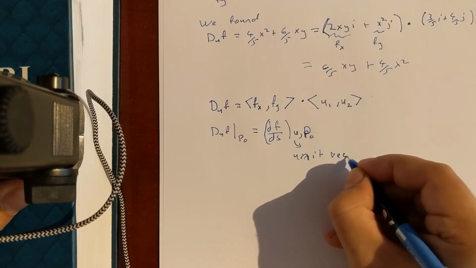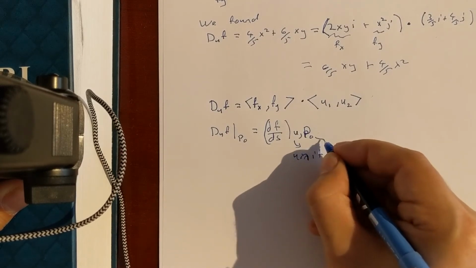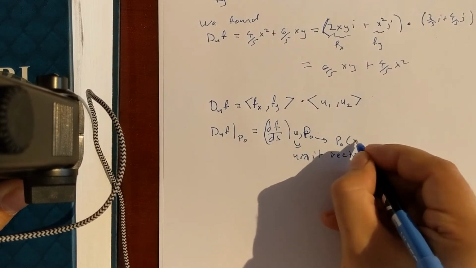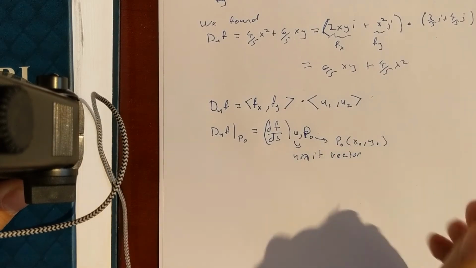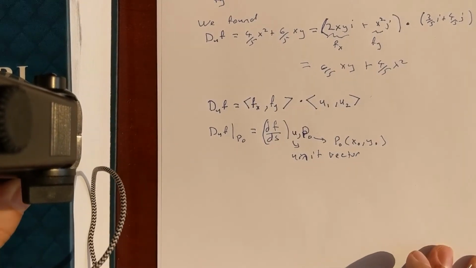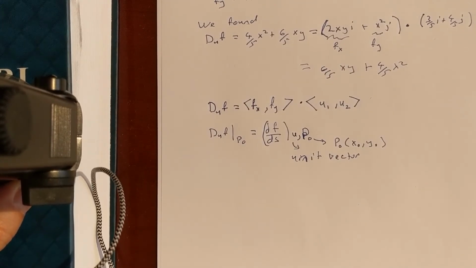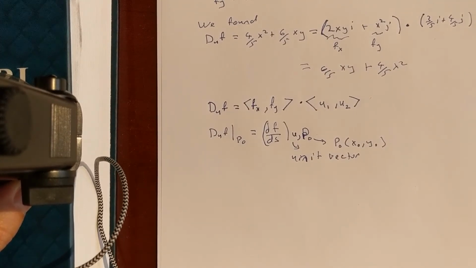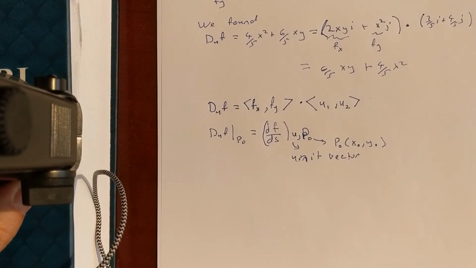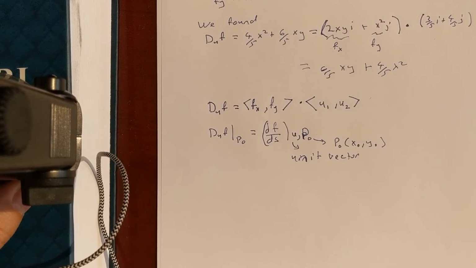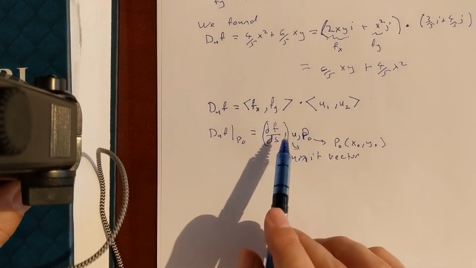And this is a point, P naught, x naught, y naught. So it calculates the derivative, the slope of the tangent line, in the direction of the unit vector u at the point P naught on the surface of f. So these are the same thing.